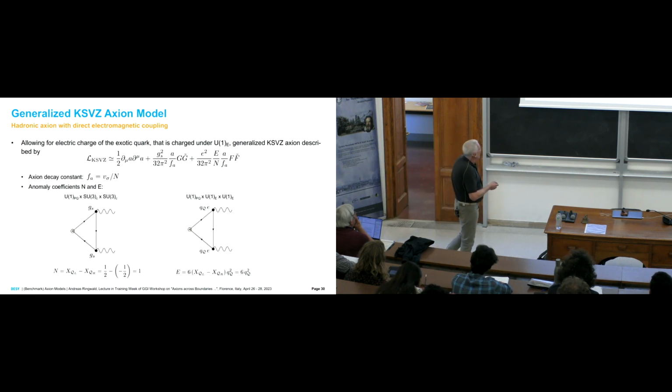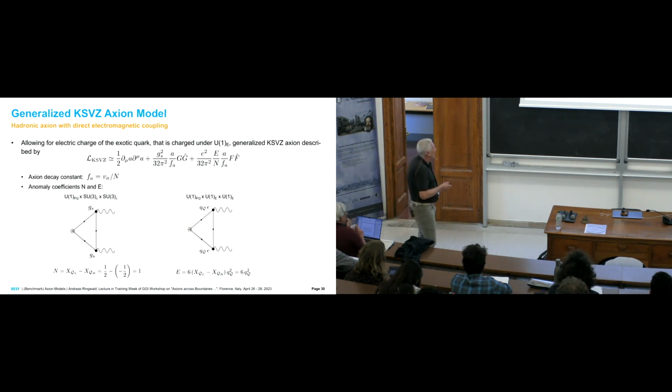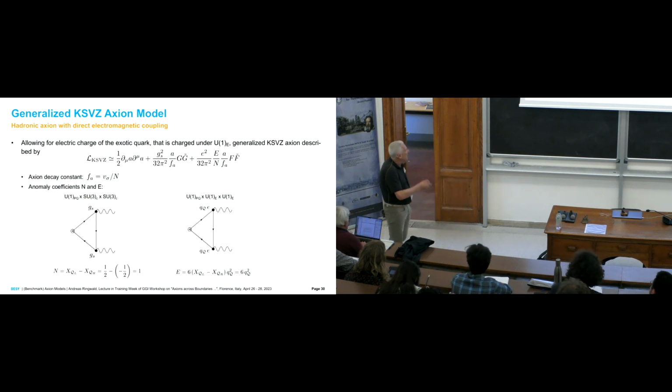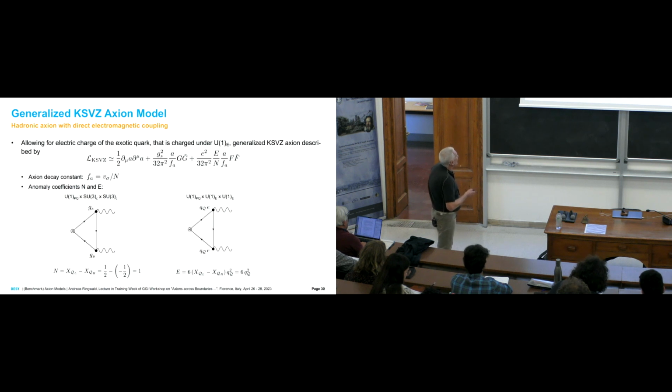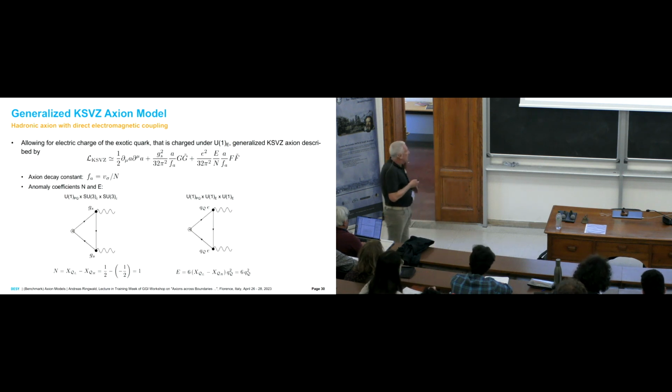Again, it will be proportional to this difference in these Peccei-Quinn charges, and the six counts essentially the number of colored particles which are going around. So in total, okay.